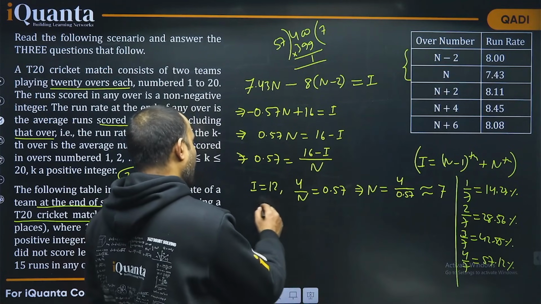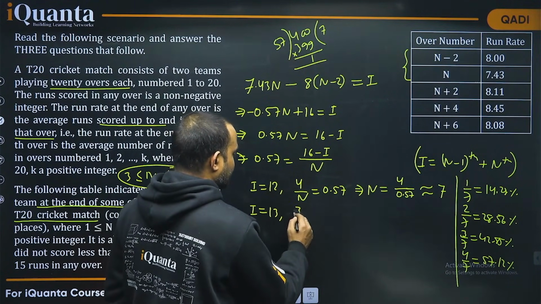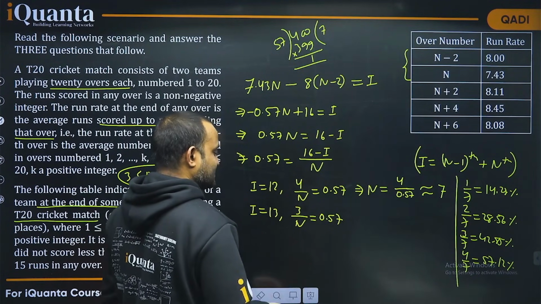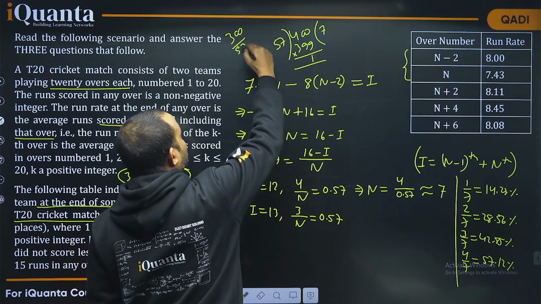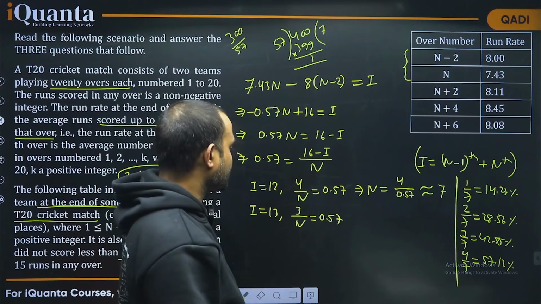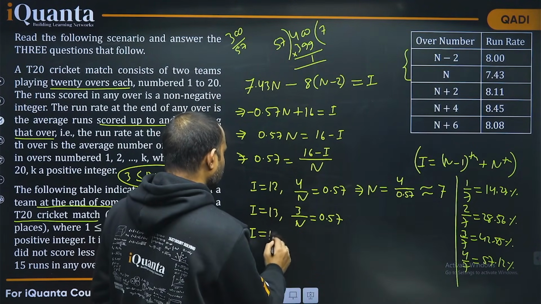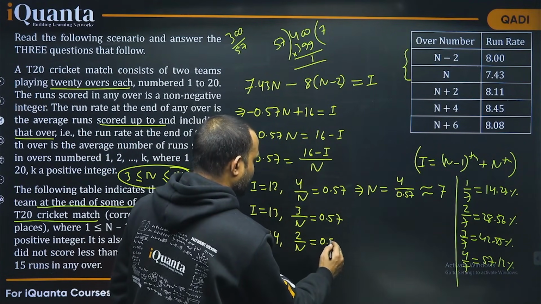If you take I is equal to 13, then we will get 3 upon n is equal to 0.57, but in that case n should be equal to 300 upon 57, and n should be an integer, right? And this is far away from any integer, correct? And then similarly, if you take I is equal to 14, this will become 2 by n is equal to 0.57.